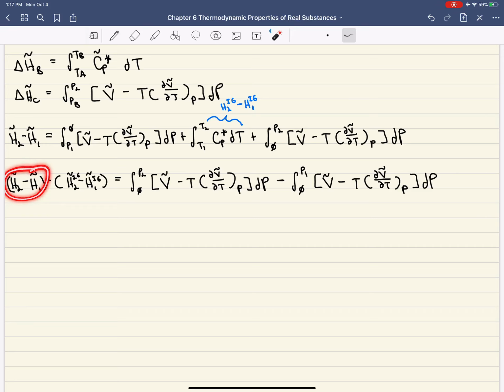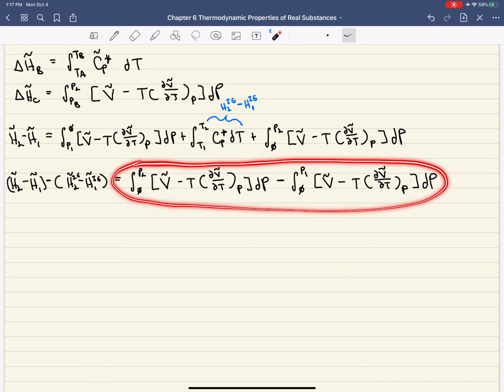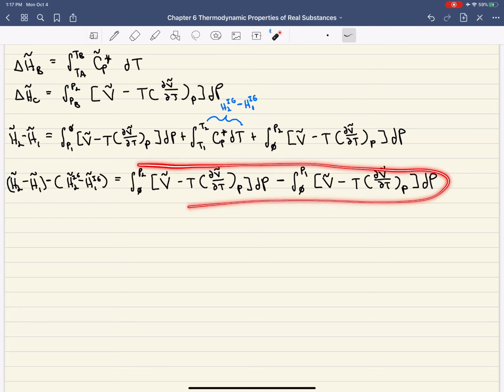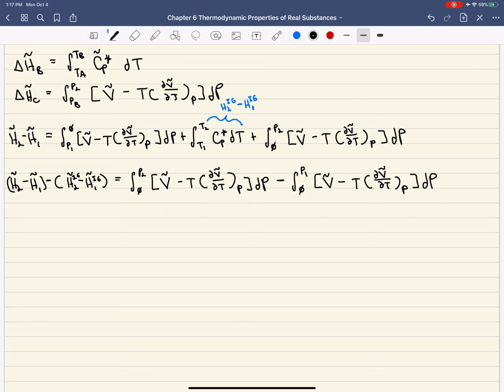And so the reason why I rearranged this equation in this manner is right here, this is the actual difference between the outlet enthalpy and the inlet enthalpy that we want. I'm subtracting off of it the contributions that come from the differences in the ideal gases, right? That's what H2 ig minus H1 ig is. And so what we're left with on the right-hand side, if we subtract off the ideal gas contributions, are the non-ideal gas contributions.